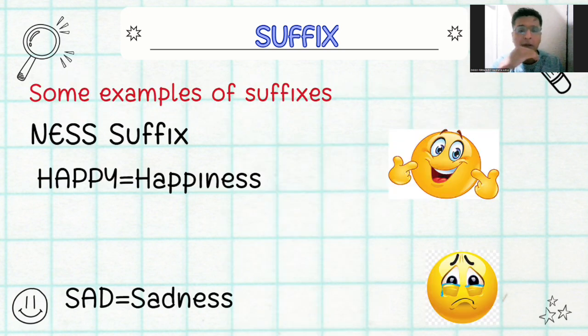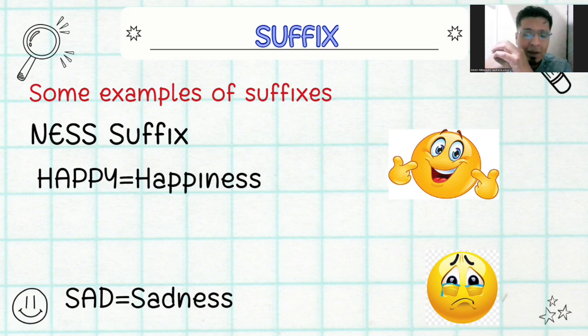As an example, we have the suffix "ness," which is used to transform an adjective into an abstract noun. For example, here we have happy. Happy is an adjective, but if we add the suffix "ness," we have happiness.